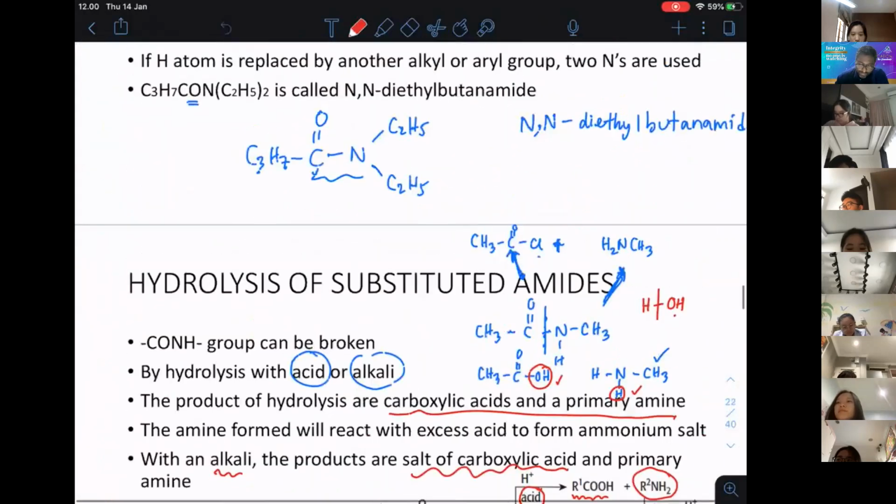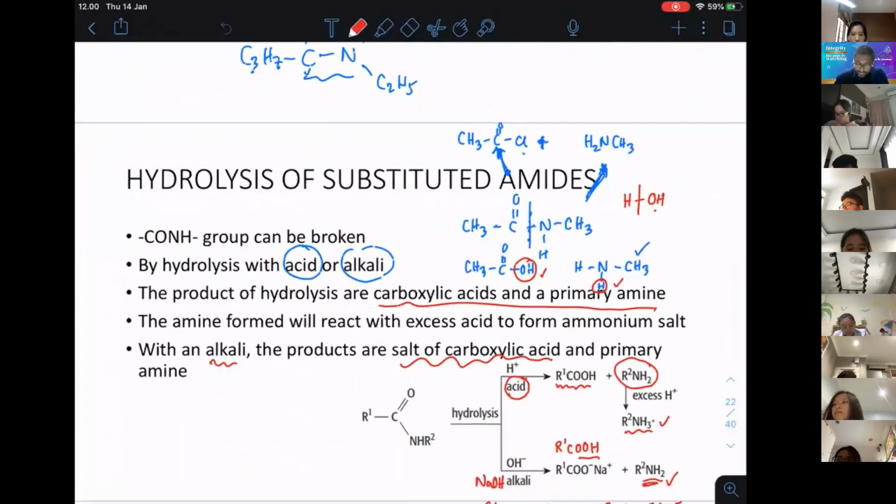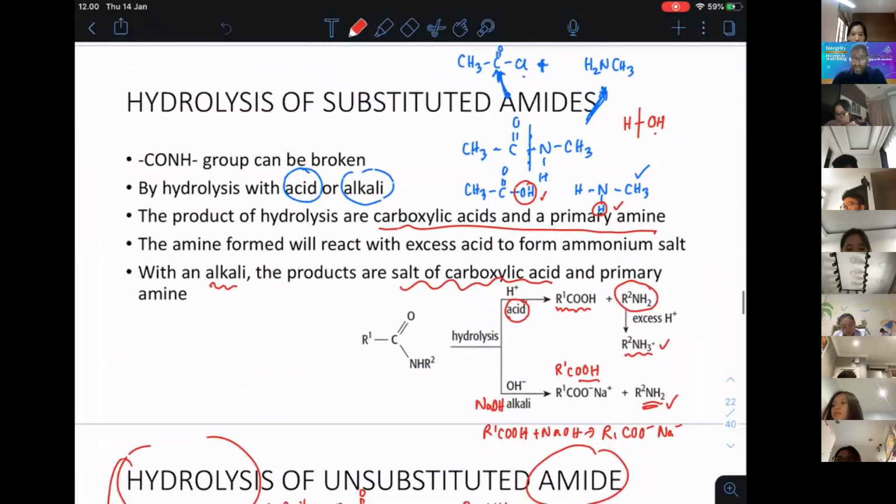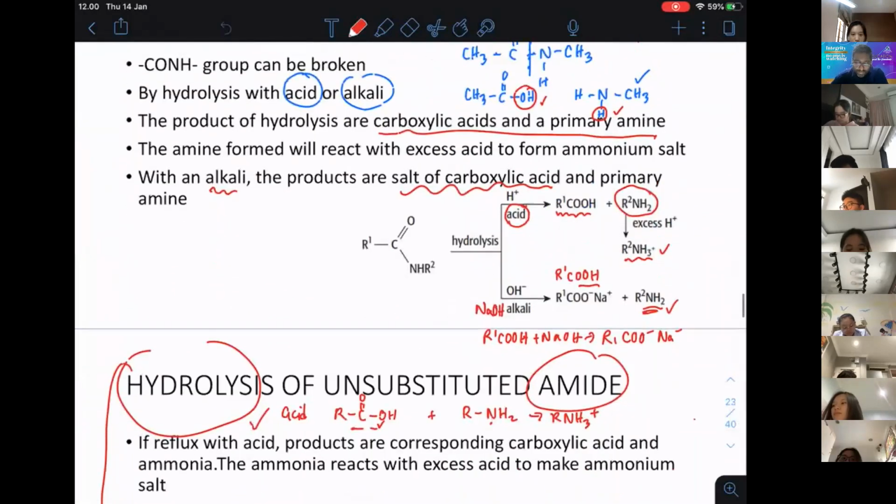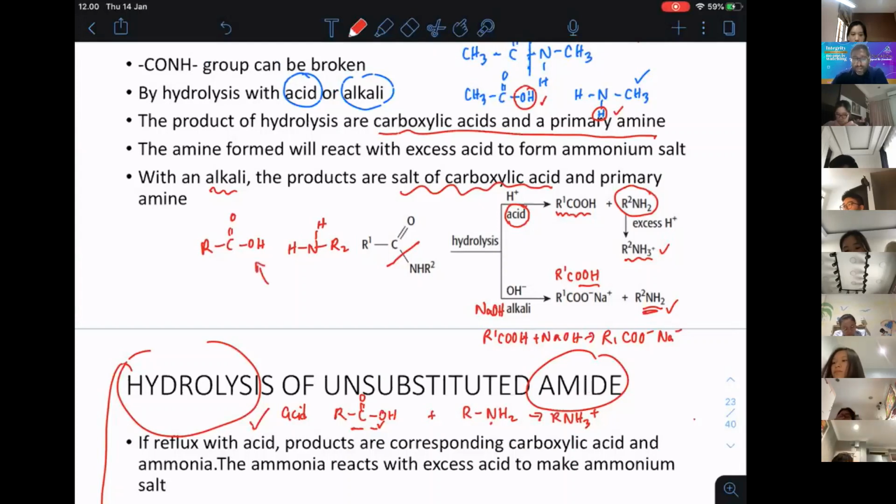This is what we have learned earlier: hydrolysis of a substituted amide. If I want to do hydrolysis, I try to break this amide. When I break this, I am going to get RC double bond OH, and I am going to get N, in this example R2, then this one will become H. So you will get carboxylic acid and amine. Then depending on what we use, they will further react. For example, if you are using sodium hydroxide, then you will get the salt of this.